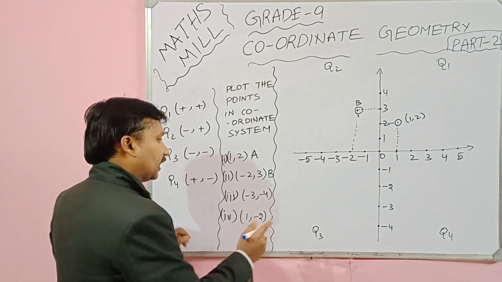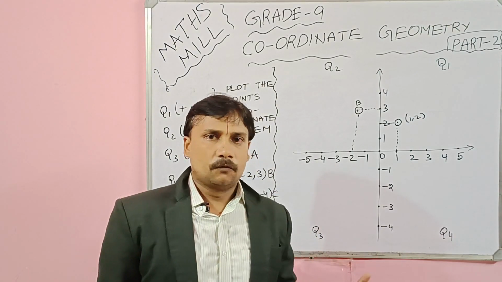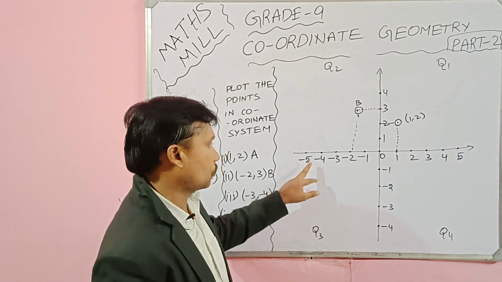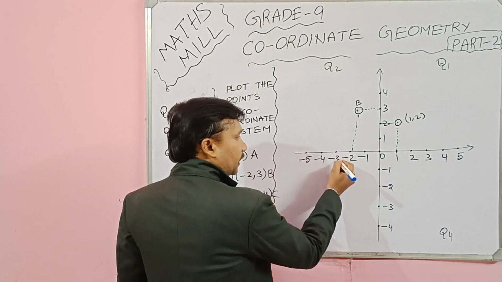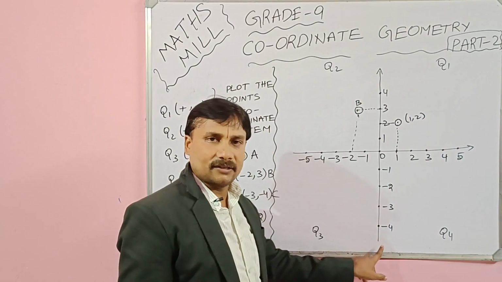The next point, let it be C. The C point is minus 3 comma minus 4. As usual, first choose the 3 on the x-axis, the x coordinate. Next, minus 4 should be on the y-axis.